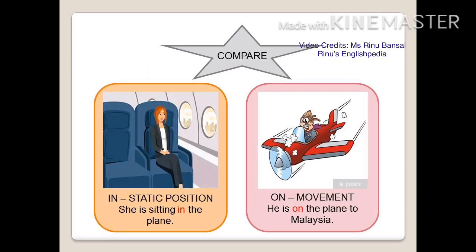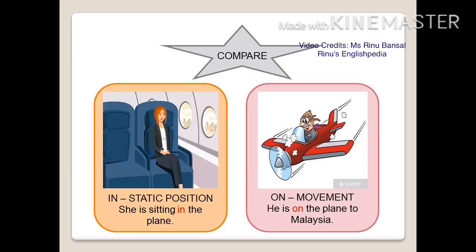We frequently face a problem when we have to decide between using in or on. In order to comprehend this problem, let us study the two sentences. She is sitting in the plane, and the next sentence is he is on the plane to Malaysia.